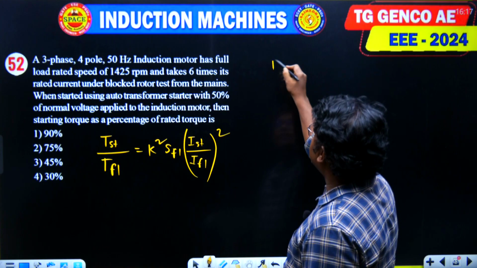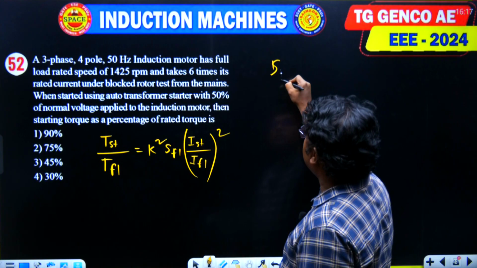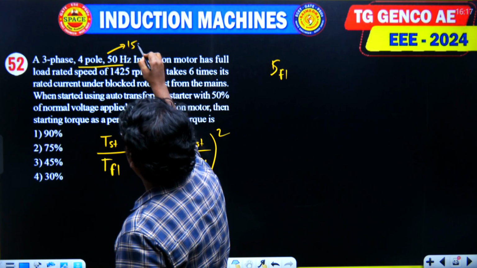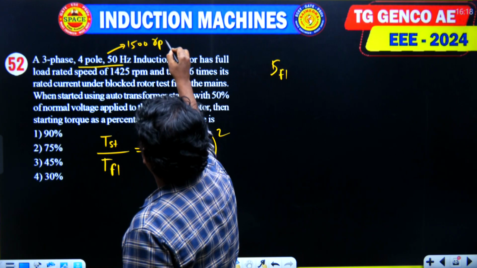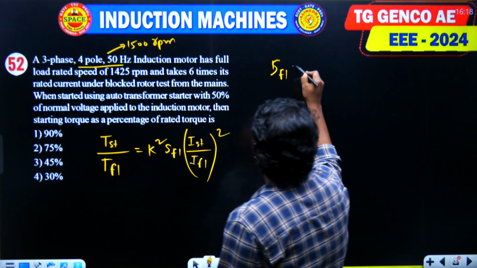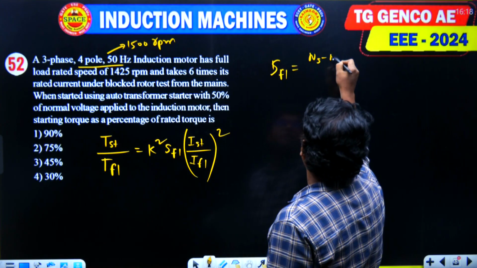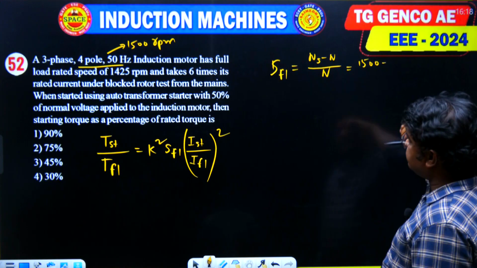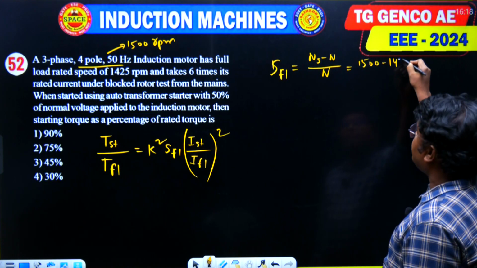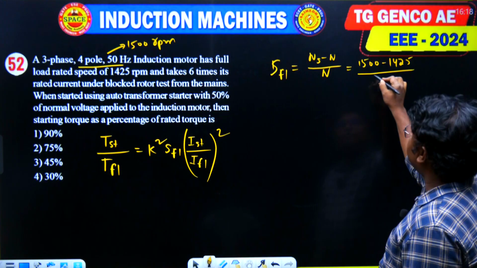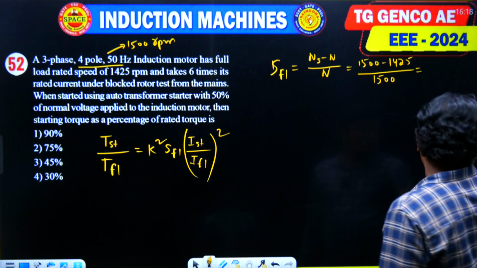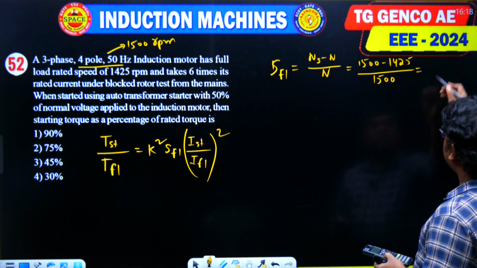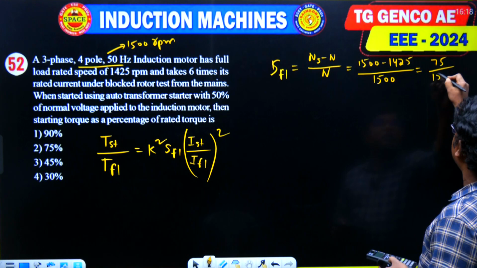So we require the ratio. First, the full load slip S is equal to (Ns minus N) divided by Ns. For 3-phase 4-pole 50 Hz, the synchronous speed is 1500 RPM. So 1500 minus 1425, divided by 1500, is 75 divided by 1500.